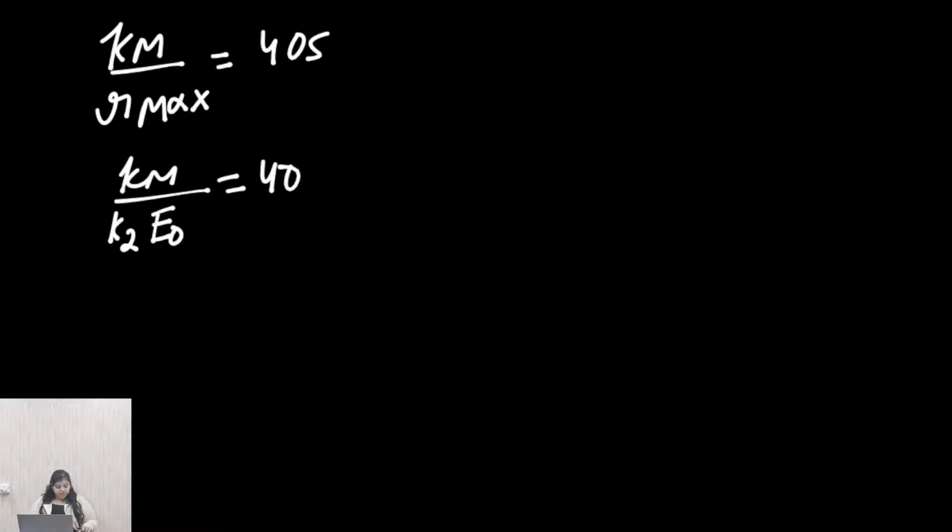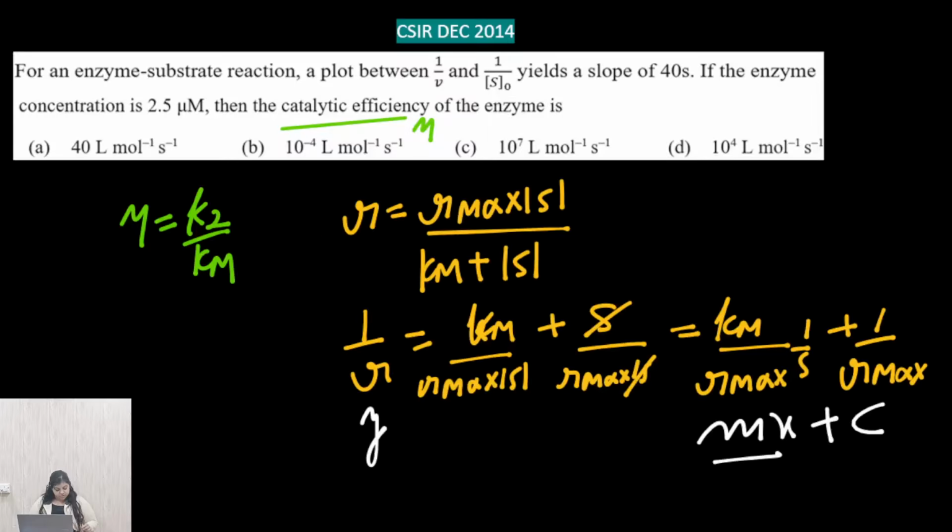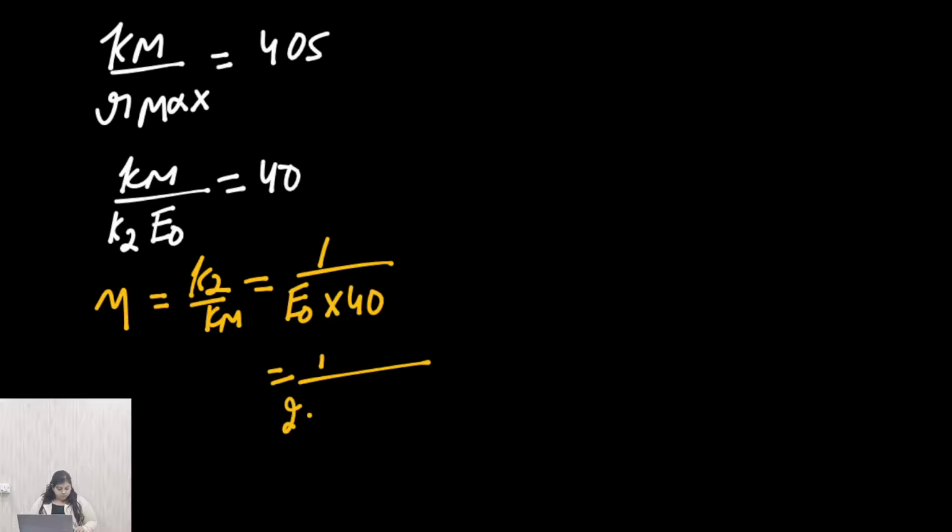So now k2 by Km, that is the catalytic efficiency, will be equal to 1 by E0 into 40. The E0 value we have, the initial concentration, is given to us as 2.5 micromolar. So it is 2.5 into 10 raised to the power of minus 6 into 40.